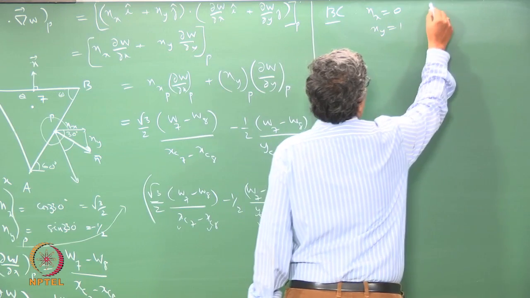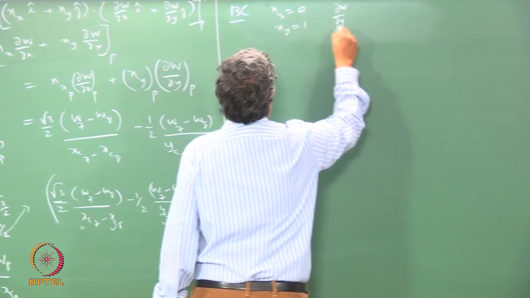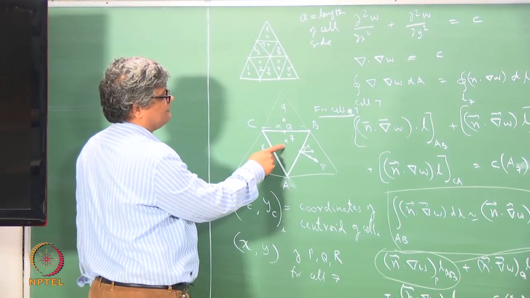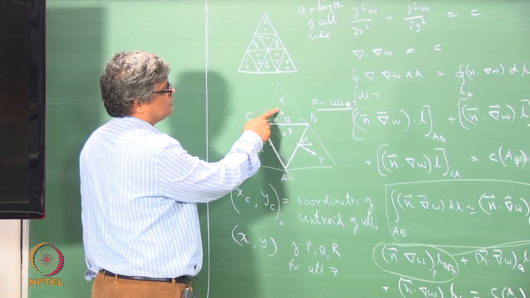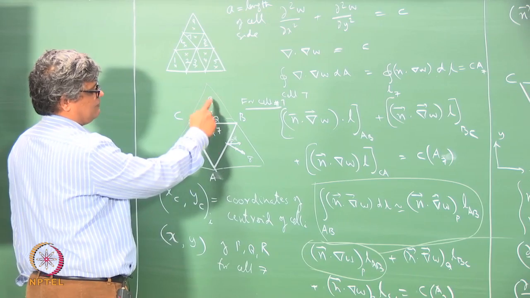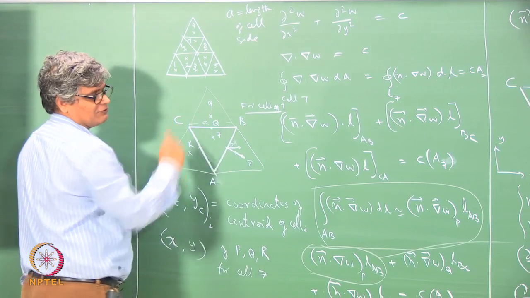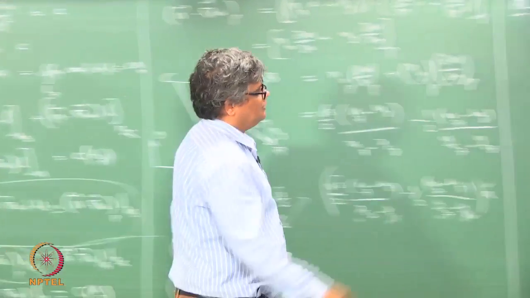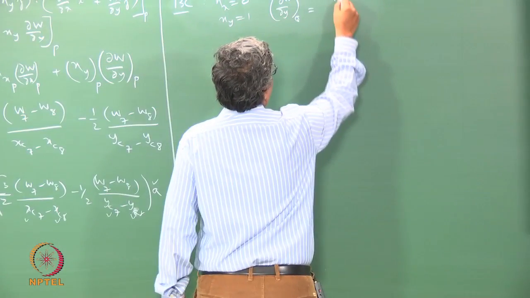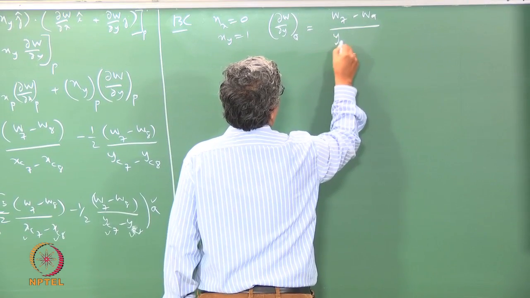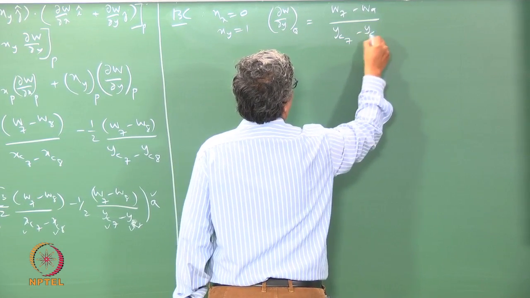So we can write dou W by dou y at point Q as the value of W at 7 minus the value of W at 9, which is the immediate upwards neighbor, divided by the vertical distance between the two. So we can write this as W7 minus W9 divided by YC7 minus YC9.